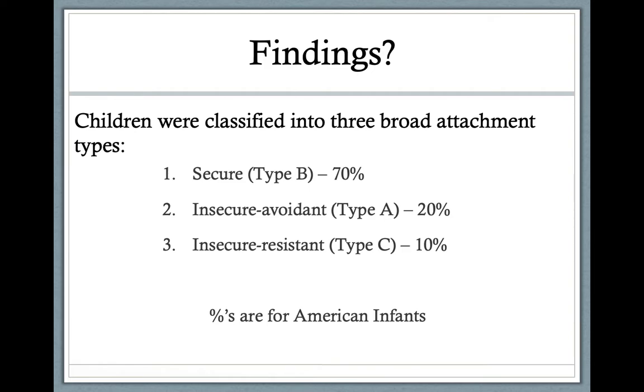They only tested American infants, but we'll come to that with the second part when we look at the AO3, because that's an evaluative point, the fact that they only used American babies in the original research. They found that 70% of the babies were securely attached, 20% were insecure avoidant, and only 10% came back as insecure resistant.